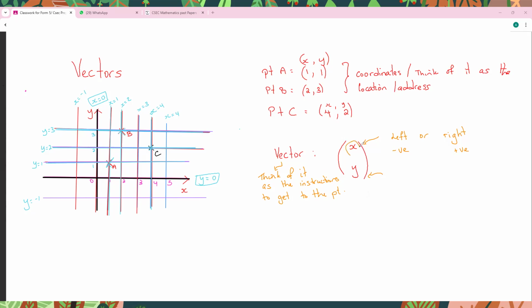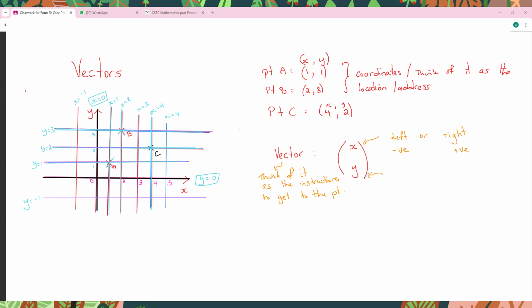So the number on top, x, will tell me whether to move left. If x is a negative number, it means that it's going to be moving that number of times to the left. But if x is a positive number, it means that it's moving that amount of places to the right.